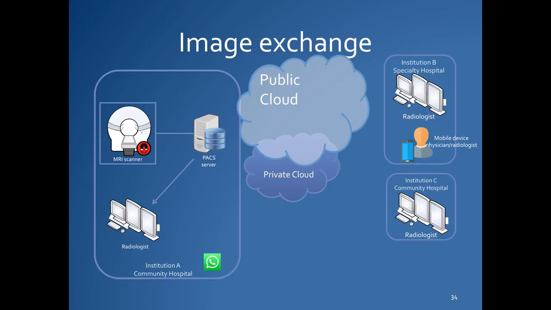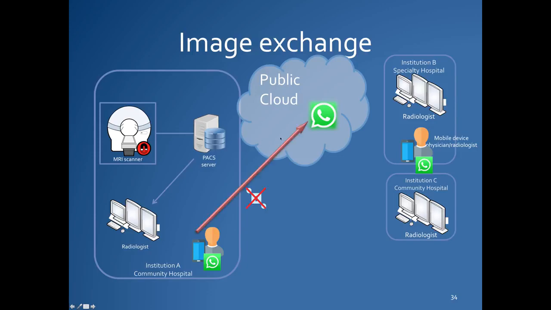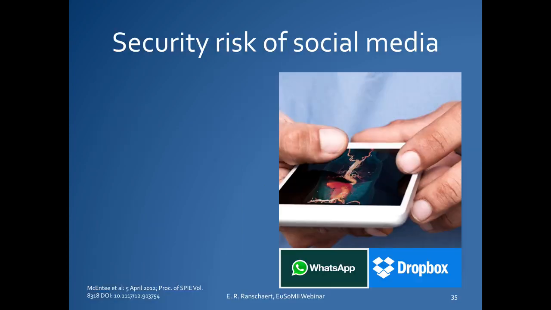So when a radiologist in institution A is making a picture with his smartphone from the workstation, and then he sends the image through the public cloud to another radiologist in hospital B, who receives it on his own smartphone through WhatsApp, then of course the public cloud is being used, which is not secure because the data are not encrypted. So there is a security risk when using this type of social media.